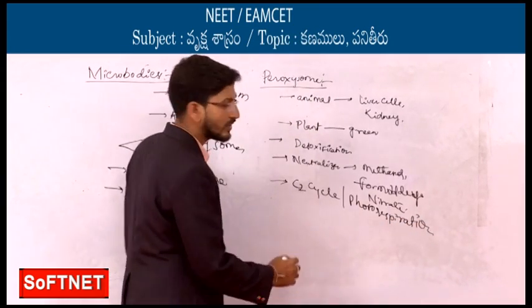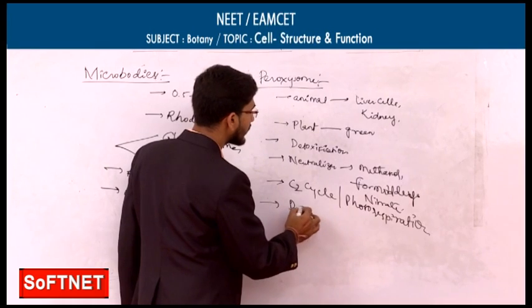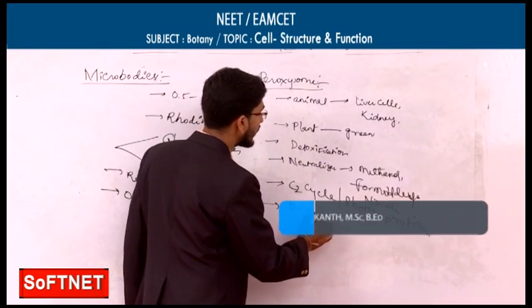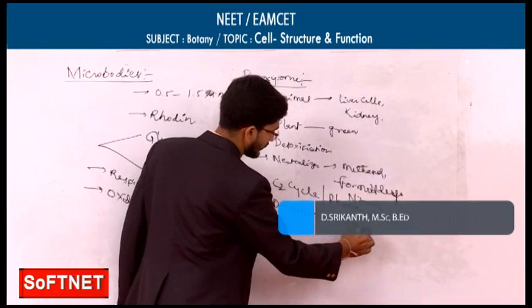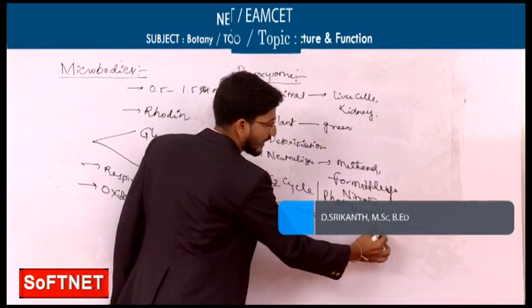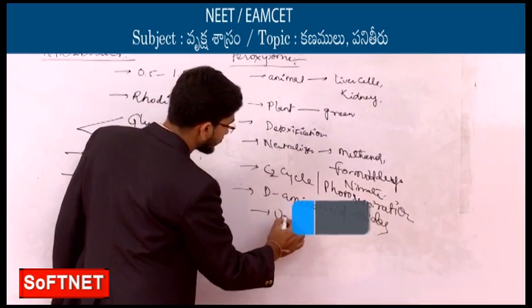These peroxisomes also contain D-amino acid oxidase and also urate oxidase.